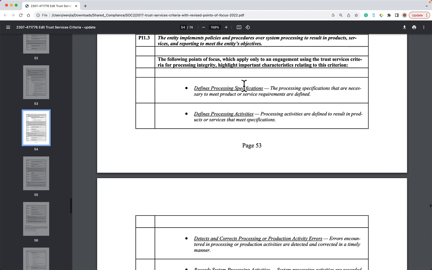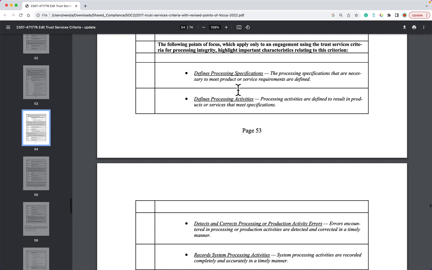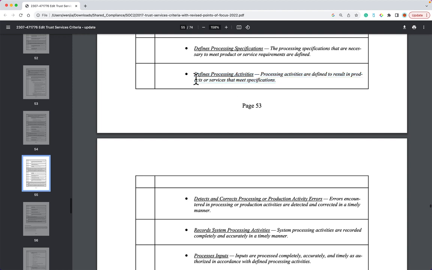Again, you need to describe clearly what you are doing and how you are doing it. Then you know what you are really doing. Define processing activities. Processing activities are defined to result in product or service that meets specifications. Maybe you don't need to let your customer know, but at least inside the company, the entity, you need to define these processing activities.